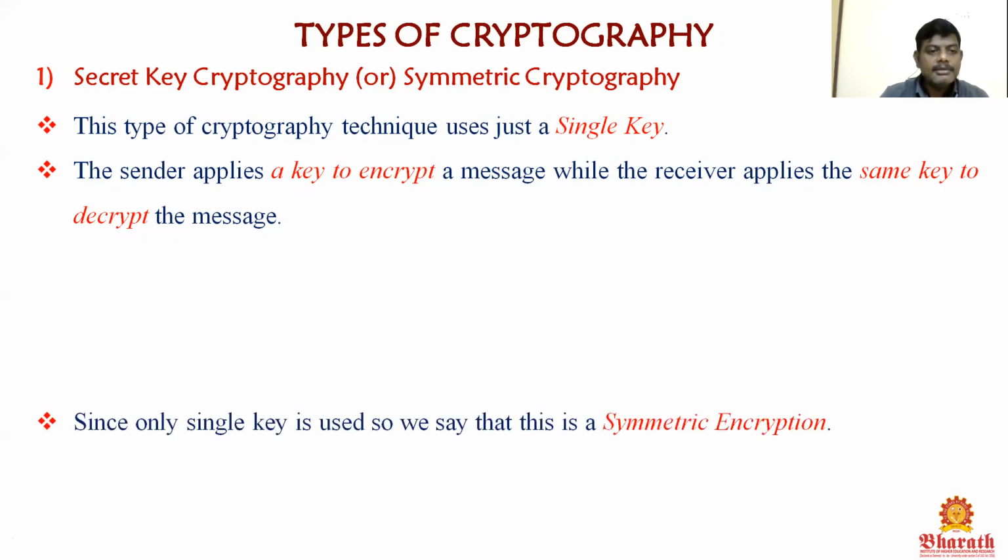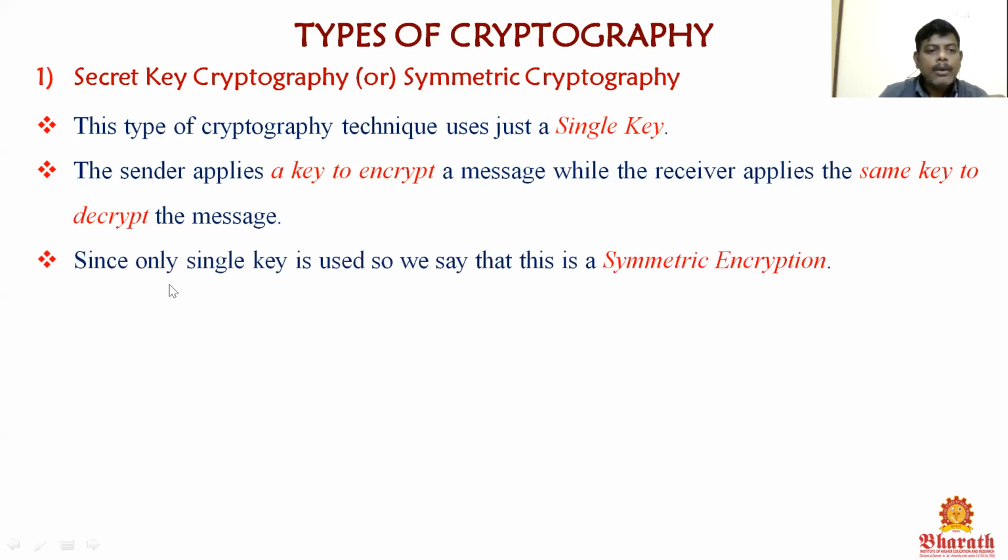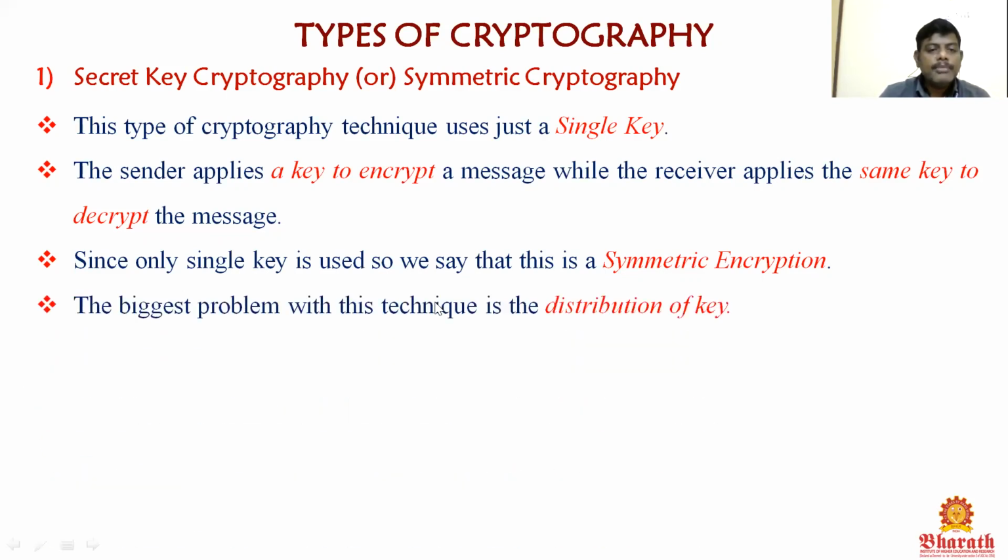Third point, since only a single key is used, we call this symmetric cryptography, or symmetric encryption and decryption. The biggest problem with this technique is the distribution of the key. Whatever key we used for encryption, we have to use the same key for decryption on the receiver side, so we need to distribute the key from the sender to the receiver.